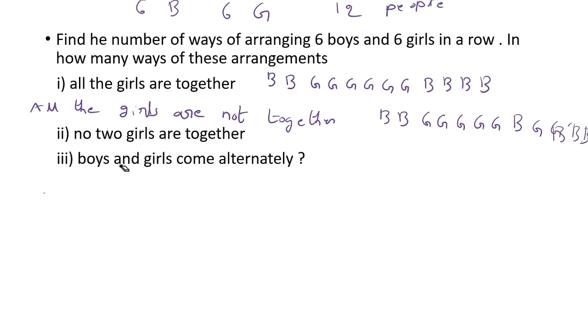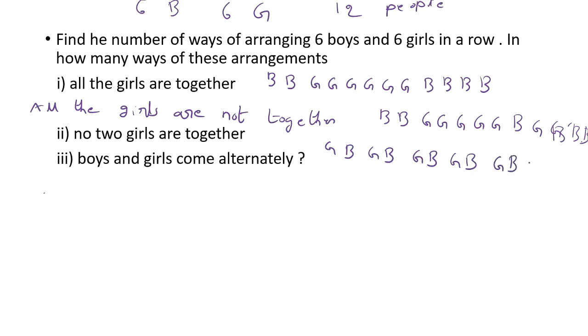Okay. Now let us look into the third constraint. Third constraint is no 2 girls are together. No 2 girls are together. So let me give an example for this one. Girl, boy. Girl, boy. Girl, boy. We have 3 pairs. 4th one. 5th one.